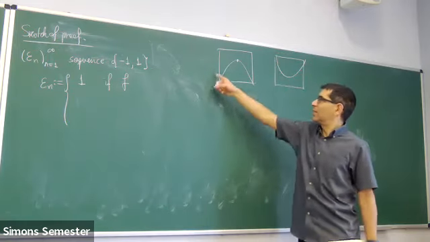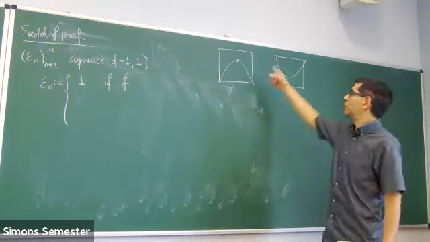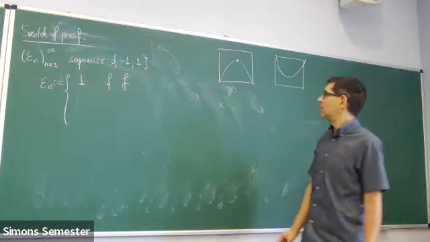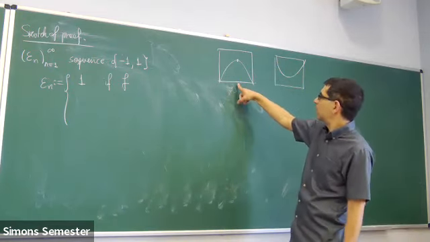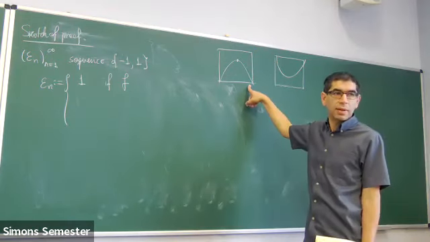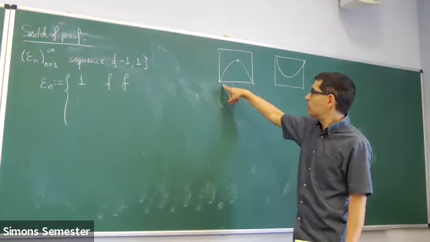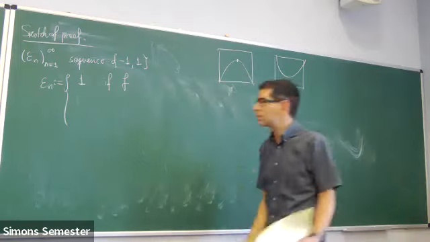It could be increasing and then decreasing, but it could also be decreasing and then increasing. Basically, it's plus 1 if we are to the right of the critical point, and minus 1 if it's on the left.